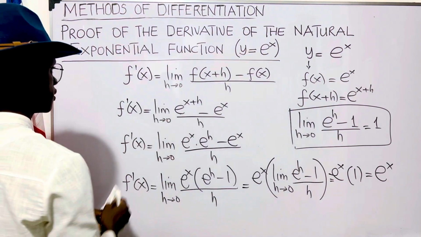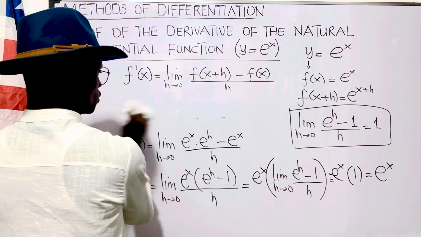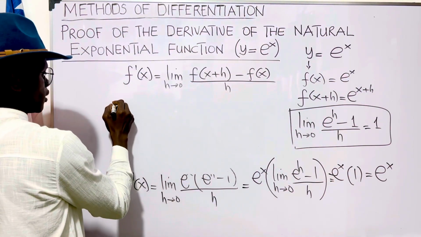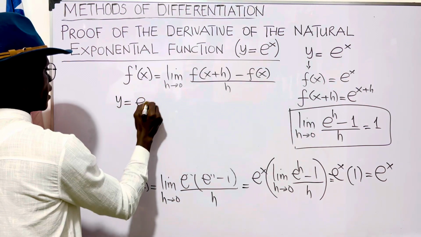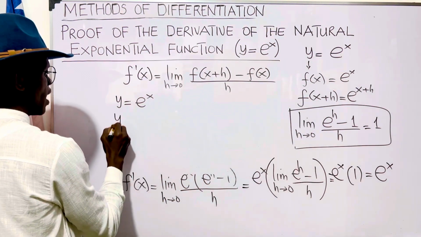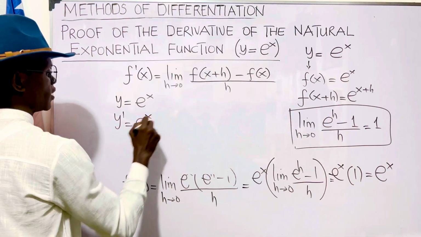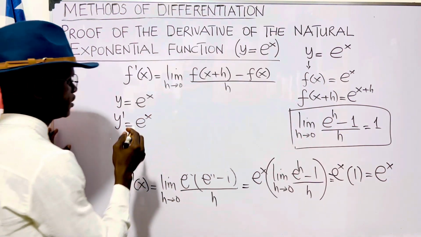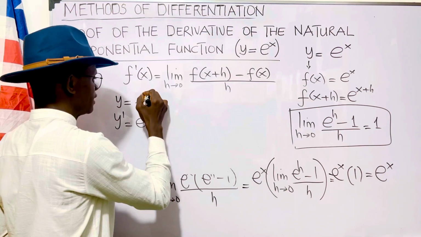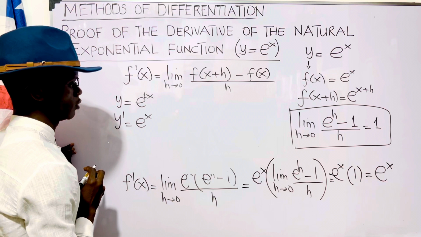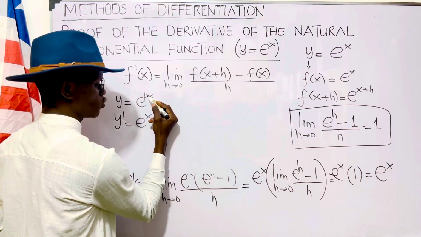Therefore, we can conclude that if y is equal to e raised to the power x, then y prime, which is its derivative, is equal to e raised to the power x. So this works for the case where the coefficient of x is 1.